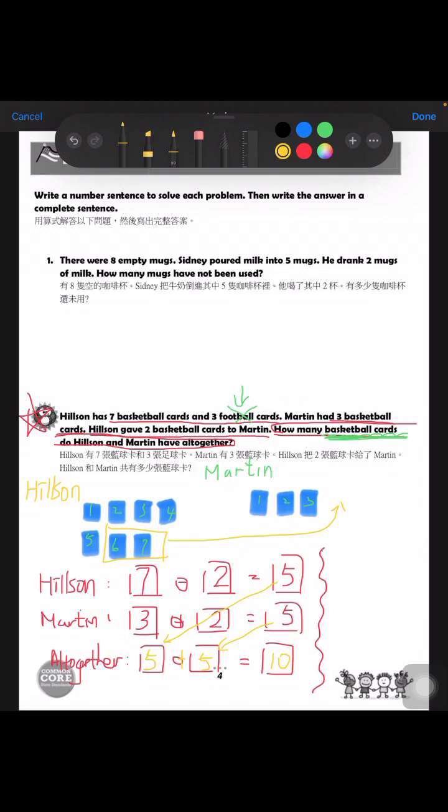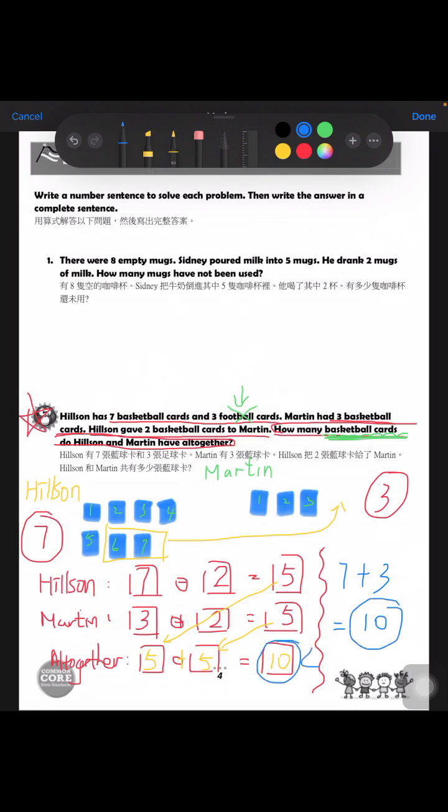Actually, there is another alternative way to do these questions. In the beginning, Hilton has 7 cards and Martin has 3 cards. We add these two numbers together, 7 plus 3. It also equals to 10. The total number doesn't change.